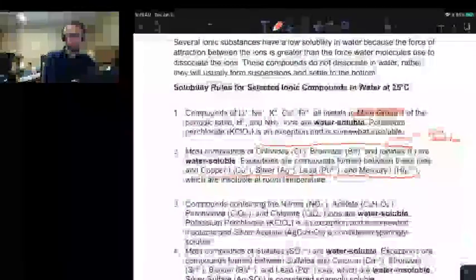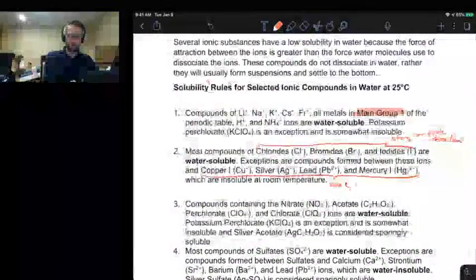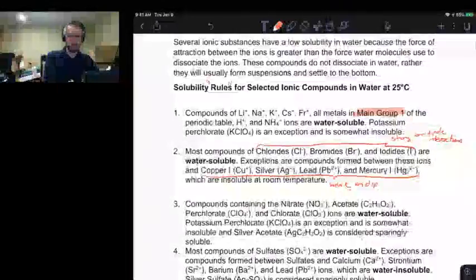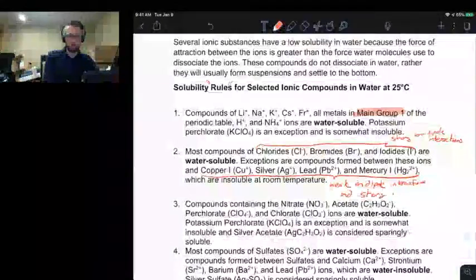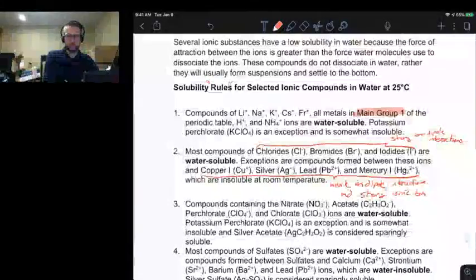So they have weak ion-dipole interactions and strong ionic bonds with the halides.